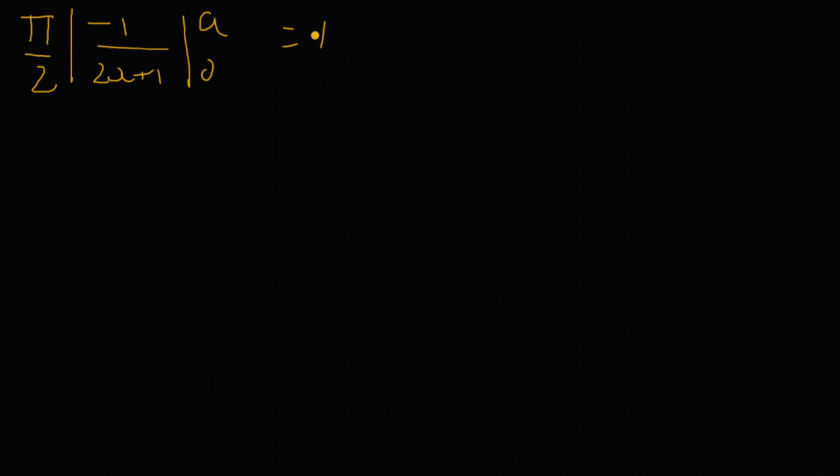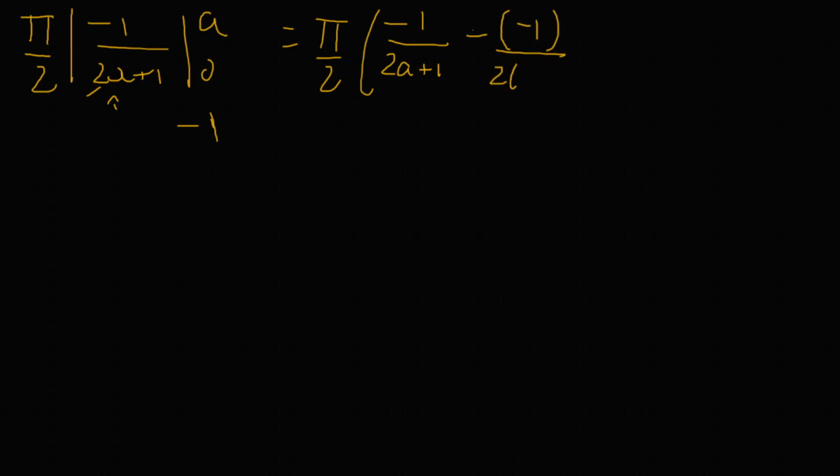So this is going to be pi by 2 times minus 1 by (2a plus 1), and if we put in 0 into this, we are going to be left with minus 1. So this minus of minus 1 by (2 times 0 plus 1). So this will be pi by 2 times (1 minus 1 by (2a plus 1)).